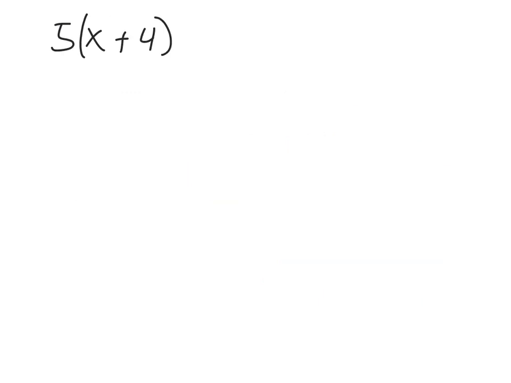Alright, now let's look at an algebra problem. We have this algebraic expression, 5 times (x plus 4), and I want you to simplify it. So we do the distributive property just like we did before. And we have to multiply 5 by everything in the parentheses. So we take 5 times x and 5 times 4.